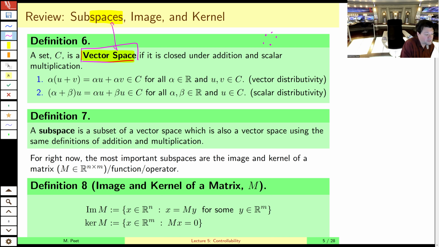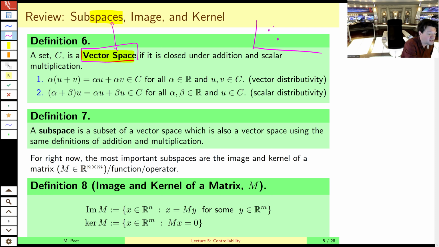Remember we talked about the convexity property, where if you joined all this together and colored it in, then that's the set itself. So that was the convexity property. Here it's actually a little bit weaker. It basically says if you take any 2 points in the space and add them together, the result is also in the space.